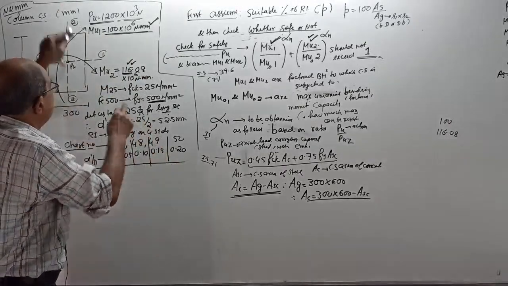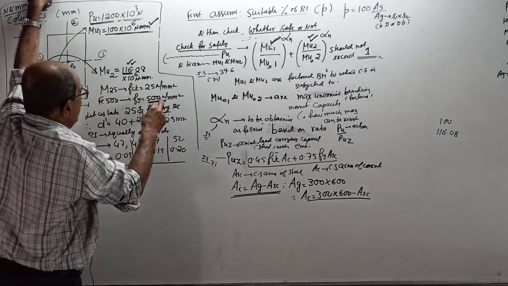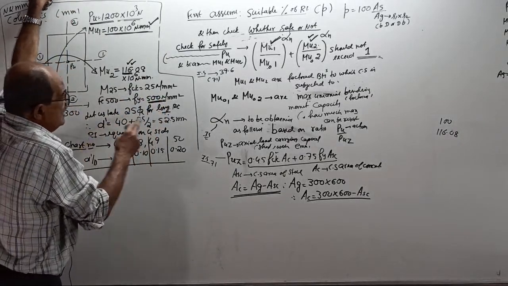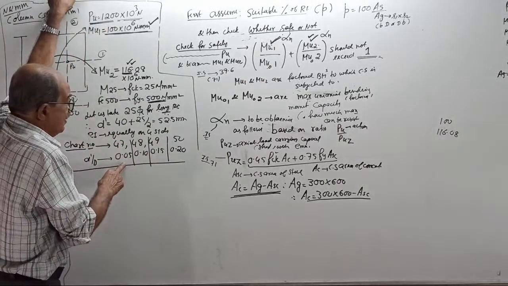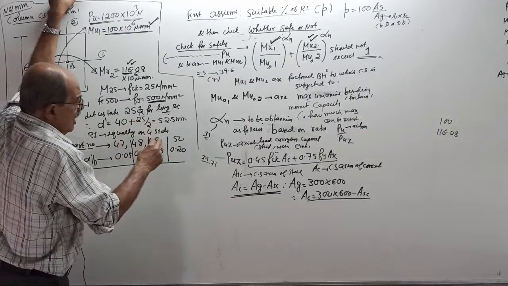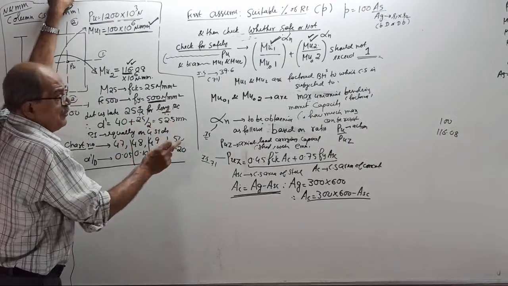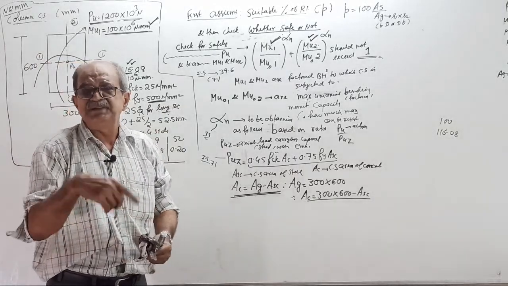And if I ask FCK, remember 25; FY 500 and D dash 52.5. Chart number 47 for D dash by D 0.05, 48 for 0.1, 49 for 0.15, 50 for 0.2. Show me a person who will tell this much again and again.